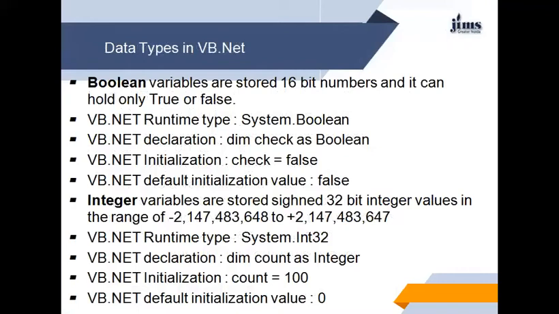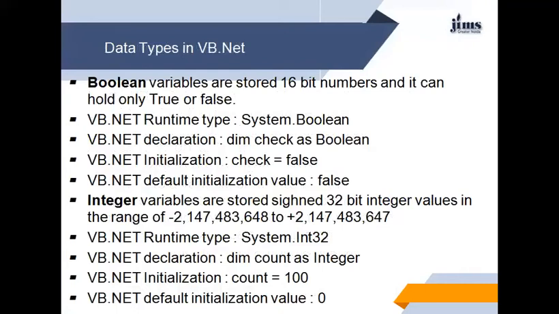The VB.NET runtime type is System.Boolean. The declaration is Dim check As Boolean, where check is a variable of type Boolean. When we initialize the value, check equals False or True, whatever we initialize. The default initialization value here is False.